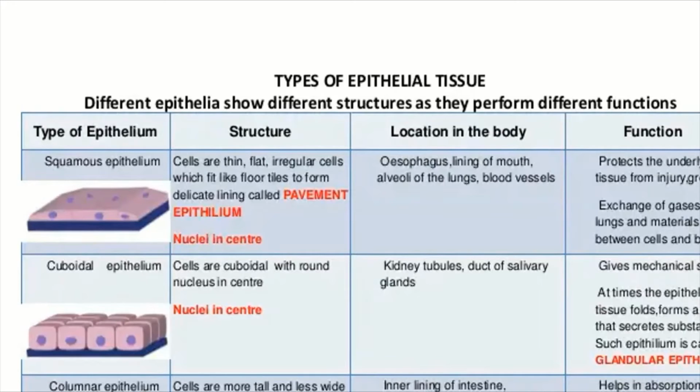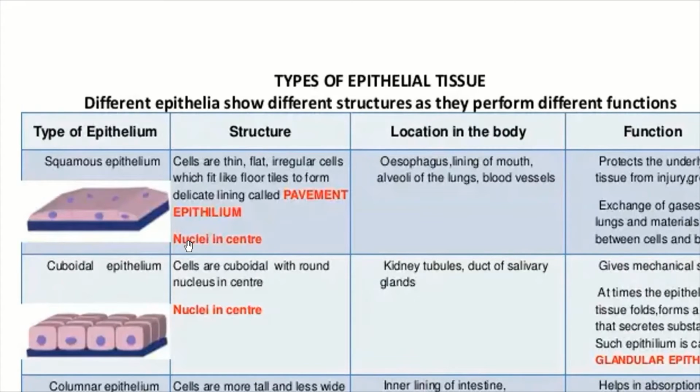Now, the structure of squamous epithelial tissue is like the cells in them are thin, they are flat, they are irregular cells which fit like floor tiles to form delicate lining called pavement epithelial tissue.